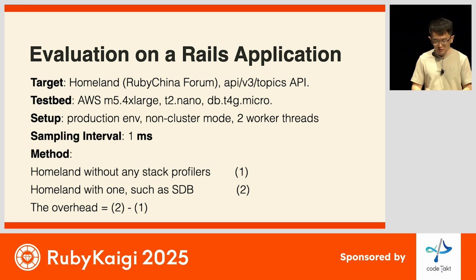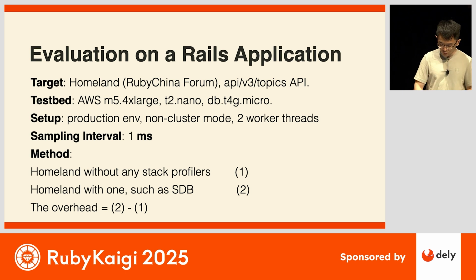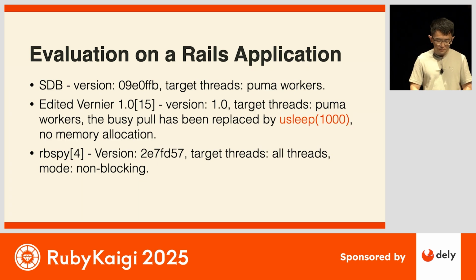I first ran Homeland without any stack profilers to see its latency and its CPU usage. After that, I ran it with one single stack profiler and measured the CPU usage and the average request latency again. The overhead of the stack profiler is the difference between those two tests.